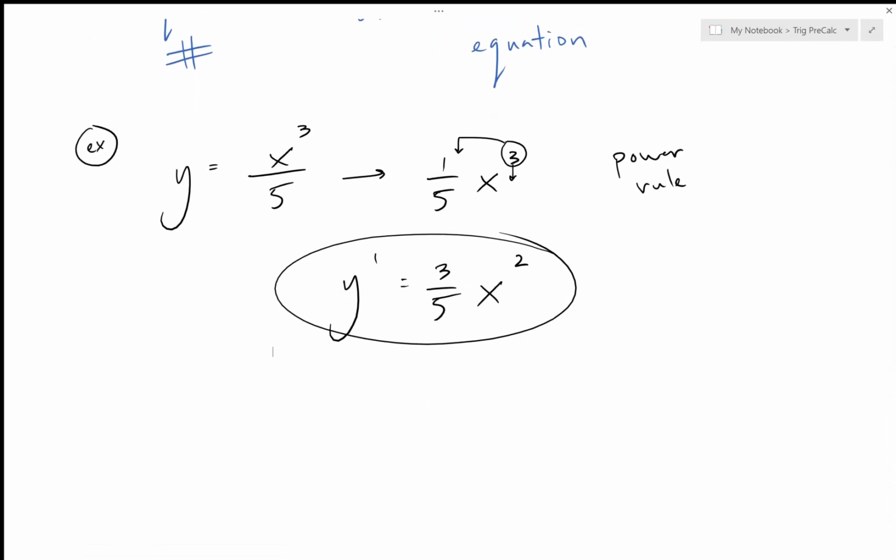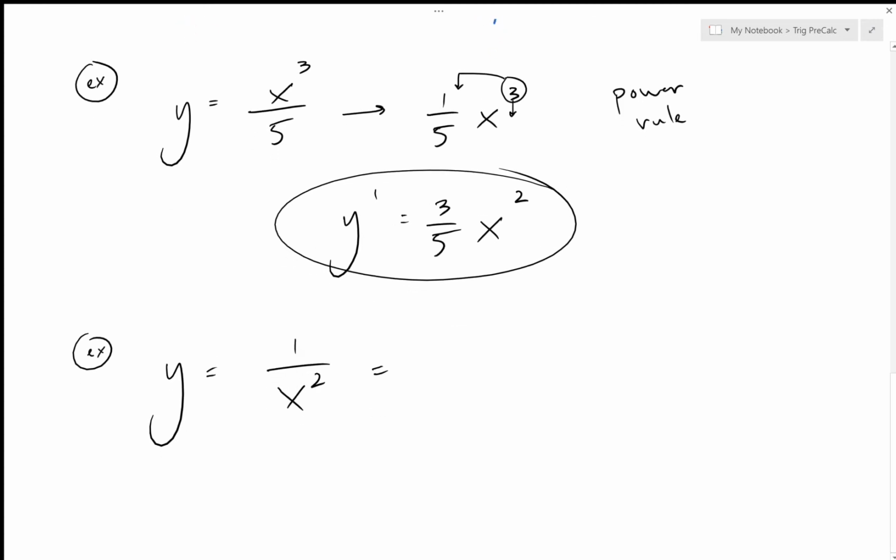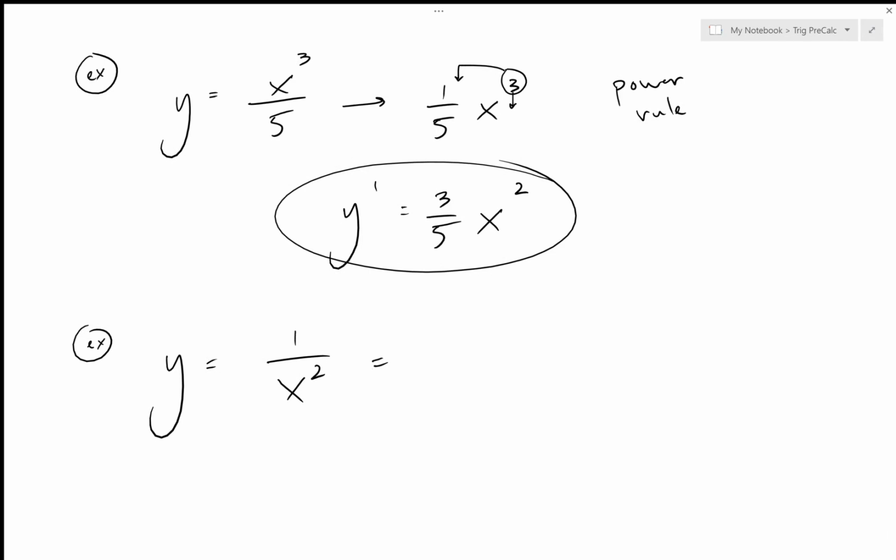Okay. Same thing if we saw, well, let's put y first, y equals 1 over x squared. It looks like division, but that top isn't a variable. Okay, that's just a number on top. This can really just be rewritten as x to the -2, and again, that's power rule.